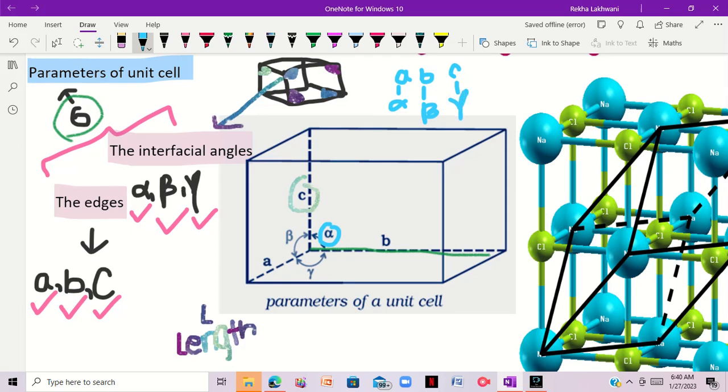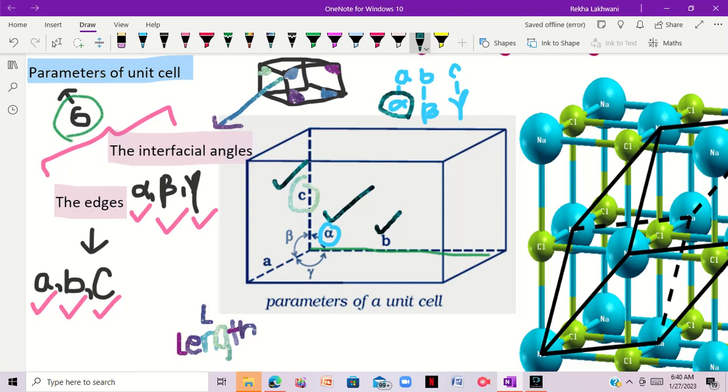As you can see, C is there, B is there. What is left? A is left. So for A, we put alpha over here. What is alpha? Alpha is the angle between length B and length C, or you can say the edges B and C.